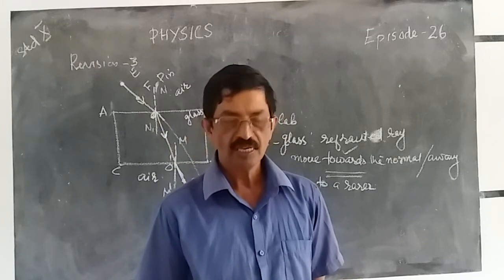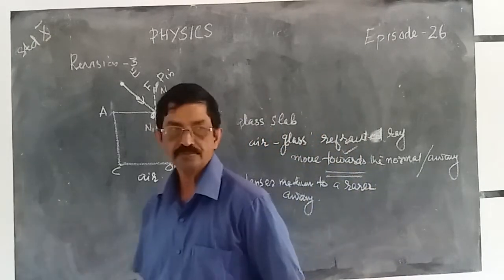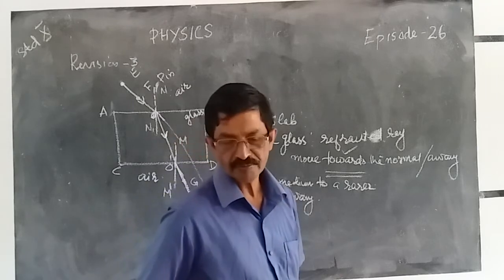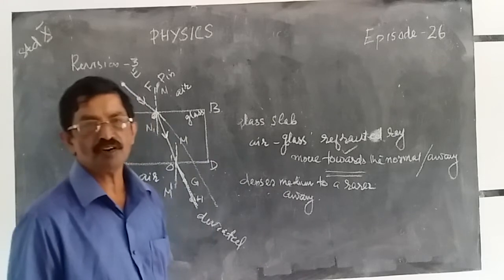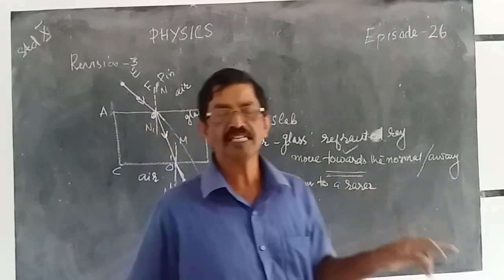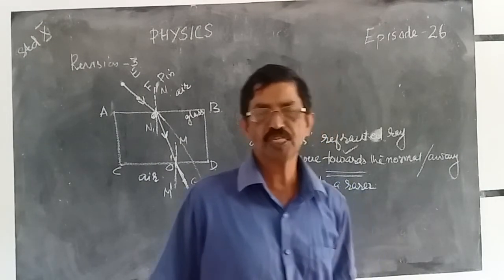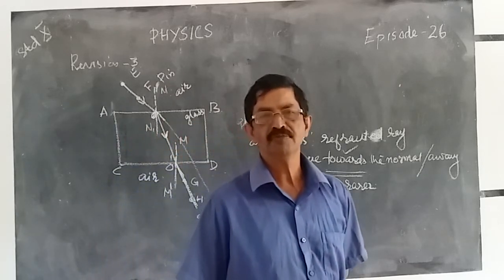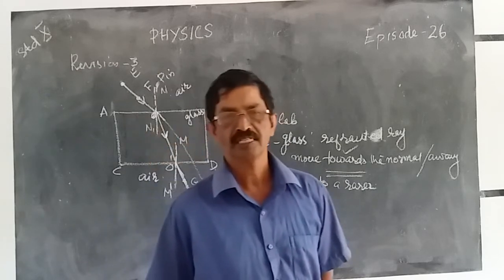Now, what is refraction of light? Refraction of light is the phenomenon that happens when light travels obliquely from one transparent medium to another.